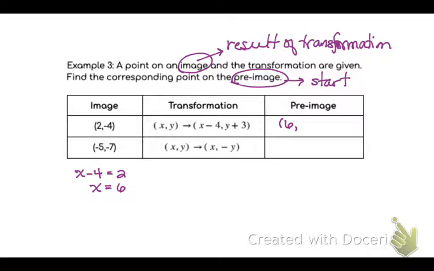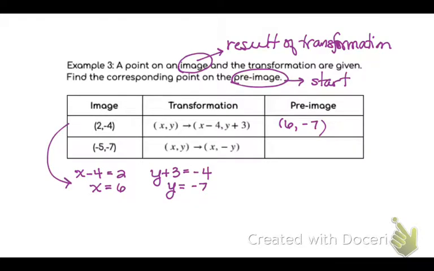We do the same thing with y plus 3. I ended up at negative 4, so we would subtract 3 from both sides, which means that point started at (6, -7). We'll draw a line there so we know that's where that one came from.